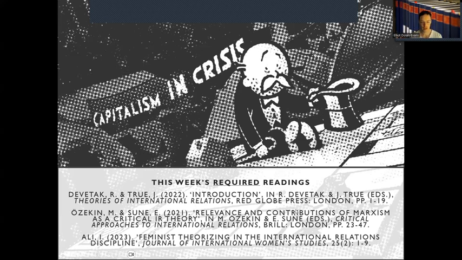The second one looks at Marxism and goes also into its subsets. And one of the things that I will talk about in this lecture too, because Marxism forms a major part of critical theory, is to convince you to take Marxism seriously. You don't have to be a Marxist to use the huge amount of works under the umbrella of so-called Marxism. You don't have to be politically inclined to socialism or whatever it might be.